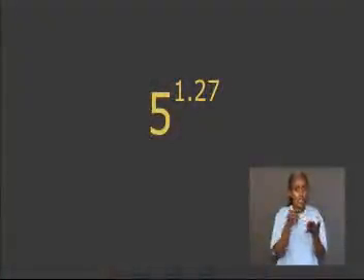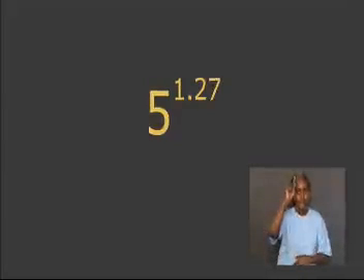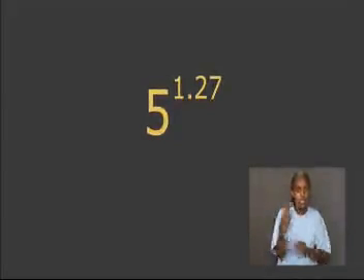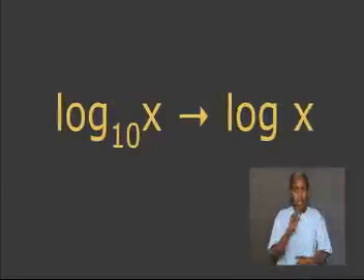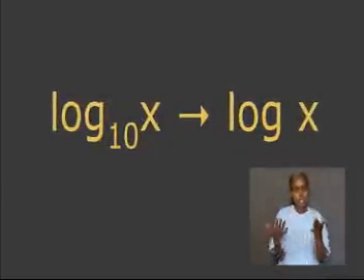While they are not as widespread as they once were because of electronic calculators, certain operations like 5 to the power of 1.27 can be performed using common logarithms. A common logarithm is usually written without indicating its base. So if a logarithm is given with no base, we take it to be base 10.